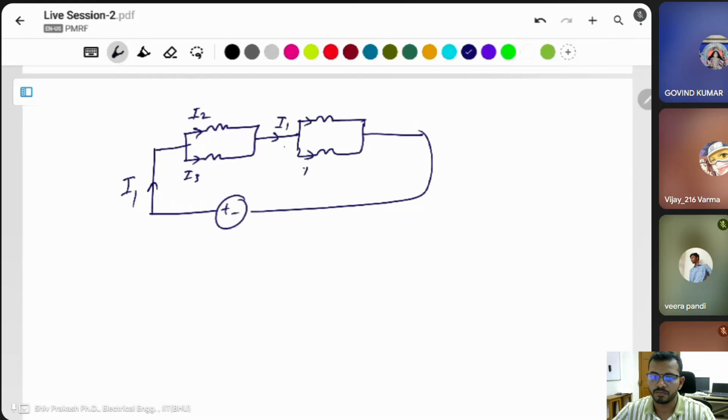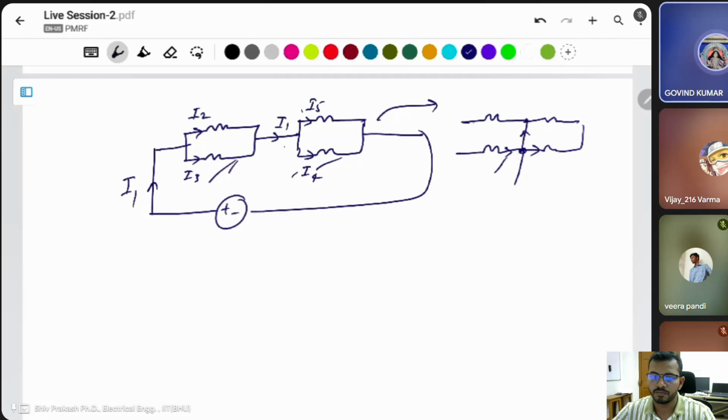Find this current, suppose I4, I5. Then, my doubt was where that I goes. First I'll find all the currents, this current, this current, this current. Then this current will be found from here, this current found here. Then what is the node? Apply KCL on this node.